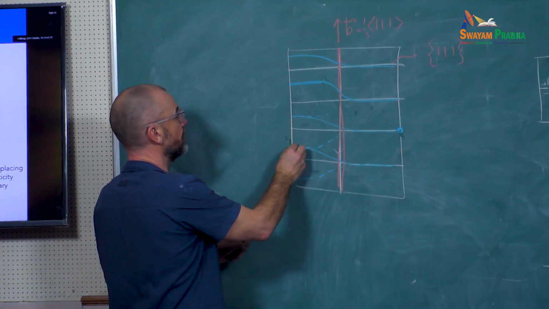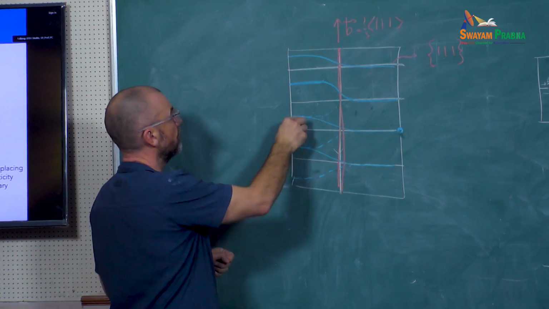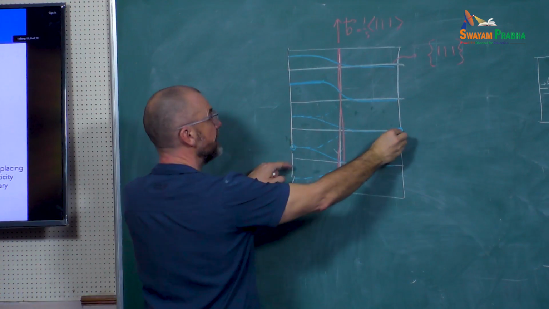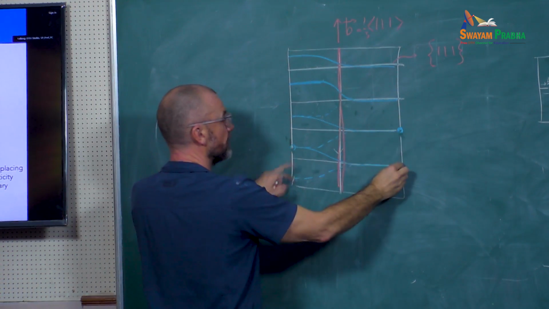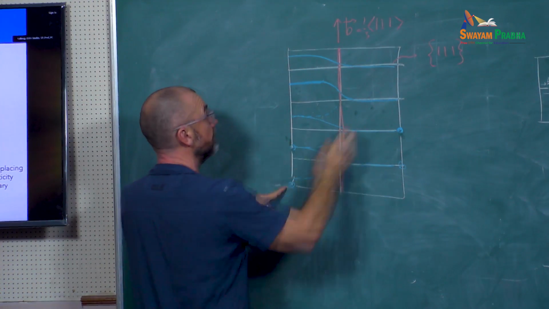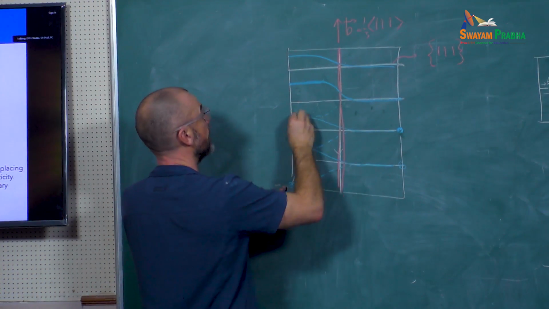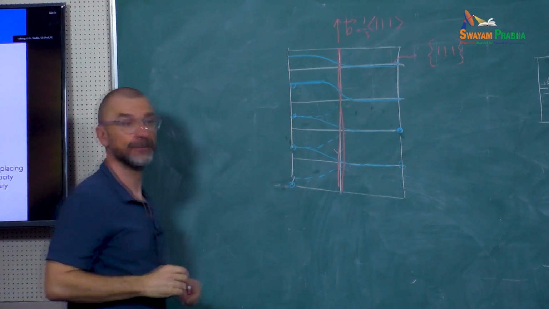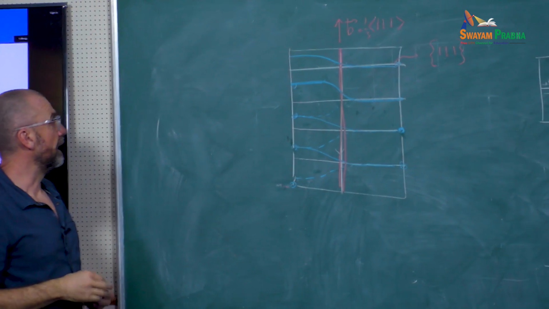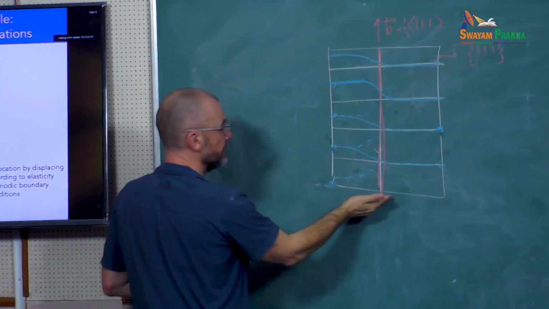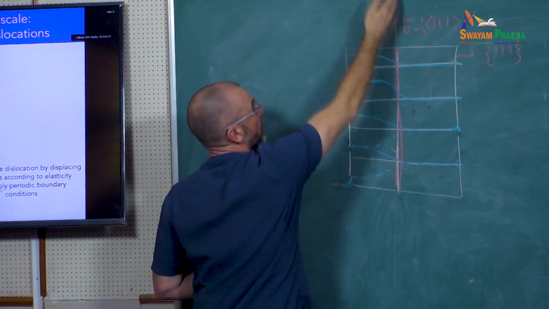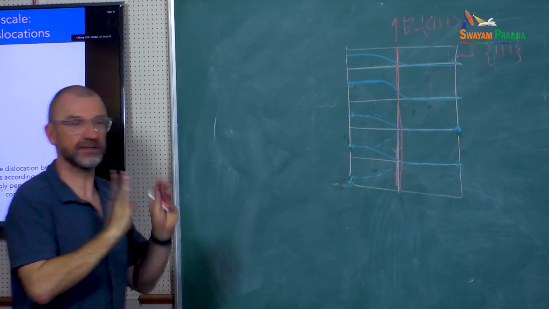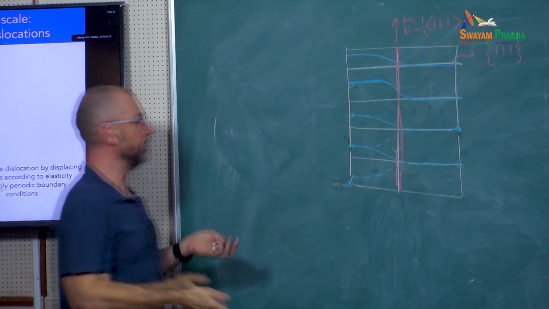Either I can connect it with that atom or the one above. If I connect this atom to that atom, this one to that one, this one to that one. Now, in the z direction, along the dislocation, you agree that it's still periodic, there's no issues, right? So no issues in this direction.